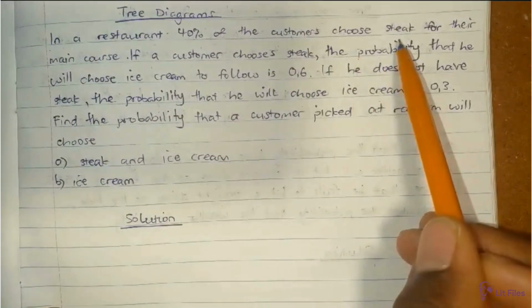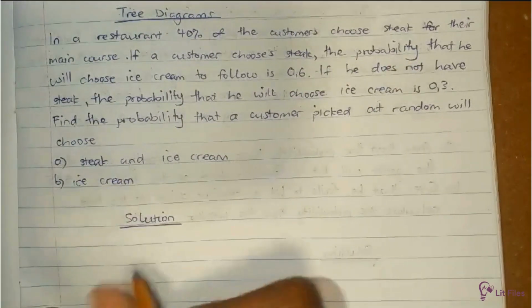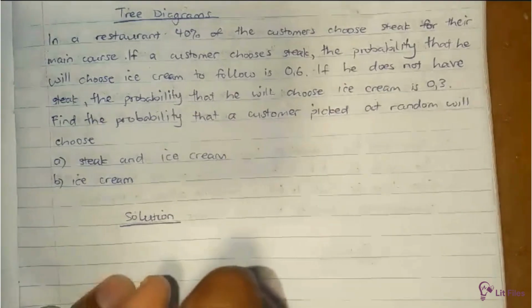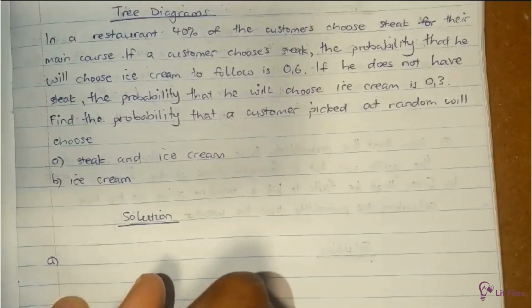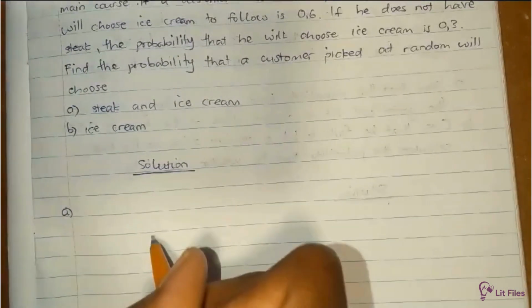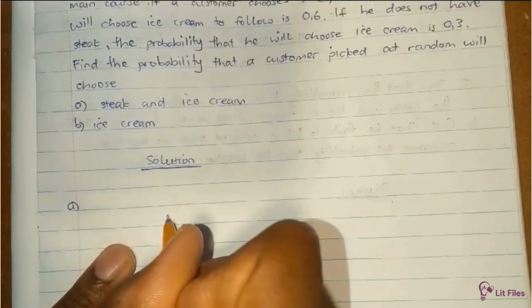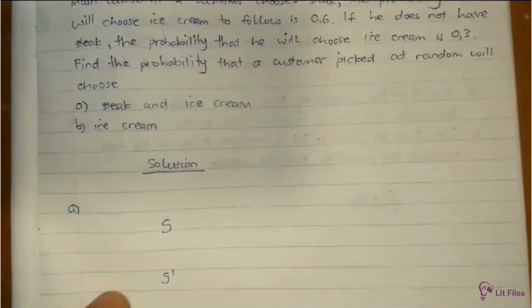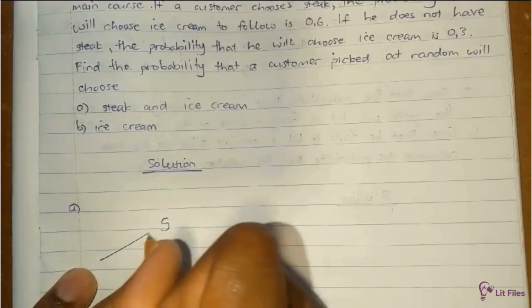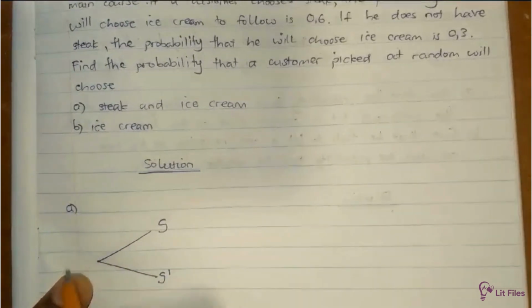So here we have the event of choosing a steak. That's what starts, so you lead with the events that start. Here we are talking about the steak. The customer can choose the steak or not choose the steak. So we have our tree starting from, you can think of it as the root.